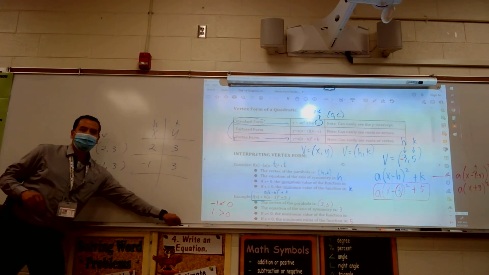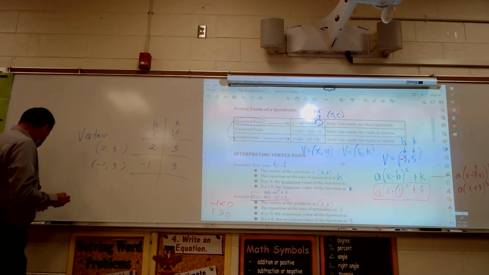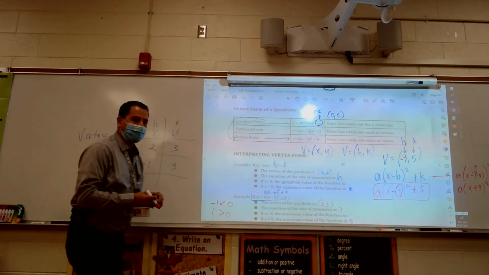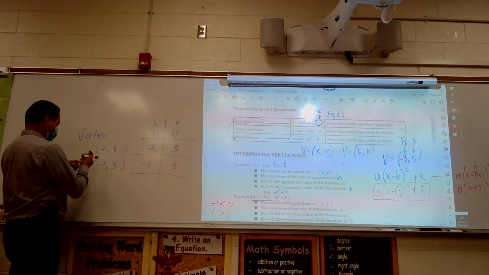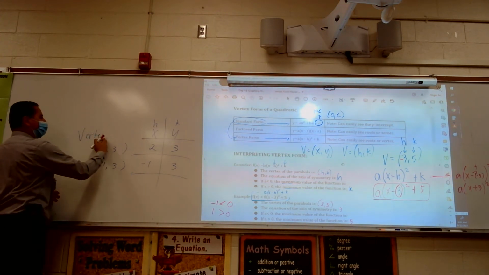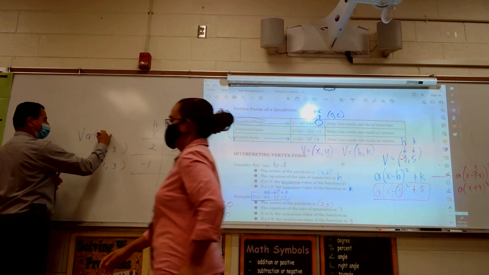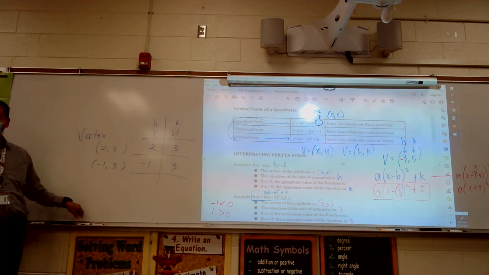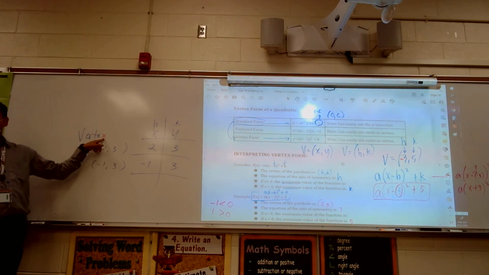Antes de que la tomen, para la palabra vertex, quiero hacer algo aquí. Acuérdense de esto. Para la palabra vertex, ¿por qué está la X de color diferente?